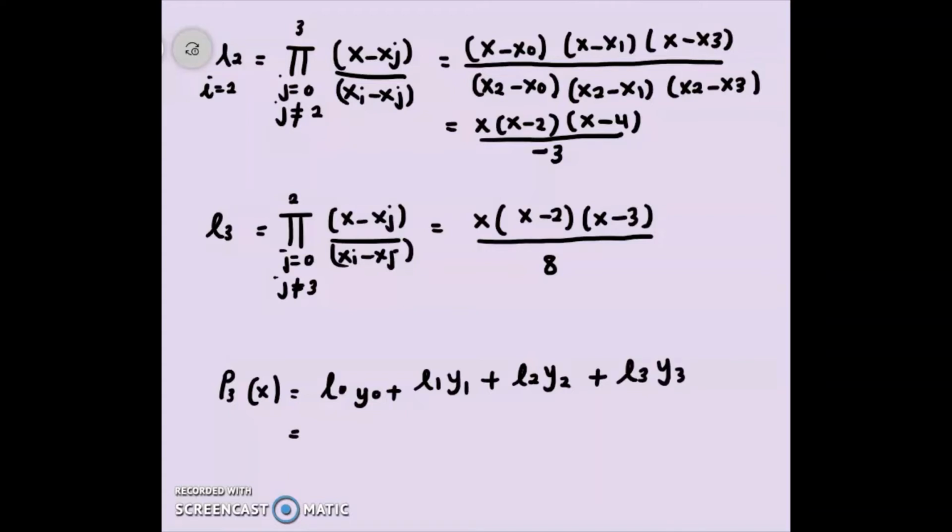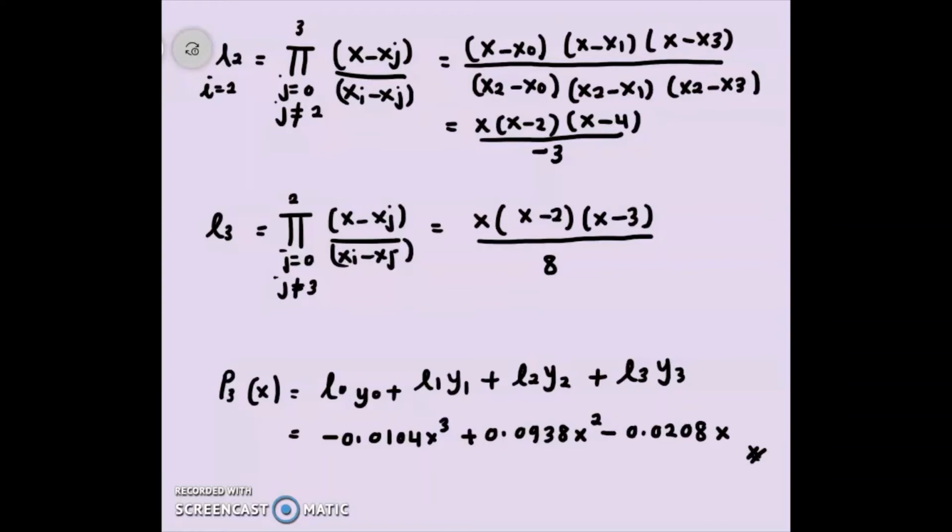When you put in all these values that you've obtained, you will end up having the same answer, negative 0.0104 x cubed plus 0.0938 x squared minus 0.0208 x. Similar to the Vandermonde solution.